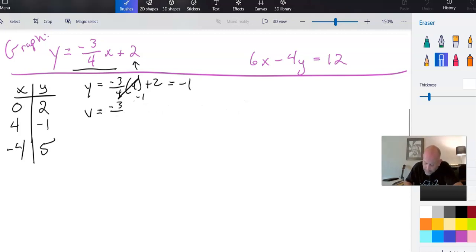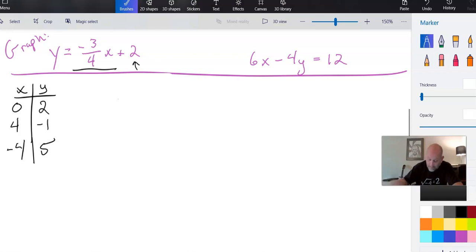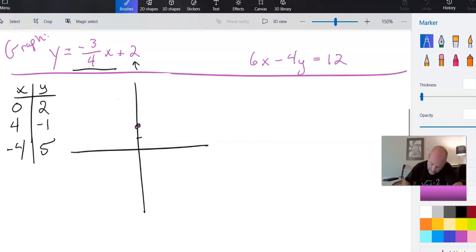But I want to graph this thing. So we start out, we have 0, 2, which is my y-intercept. And then we have, let's see here, 1, 2, 3, 4, negative 1. So that point should be over here. And then we plugged in negative 4.